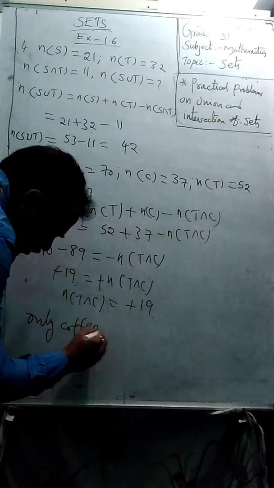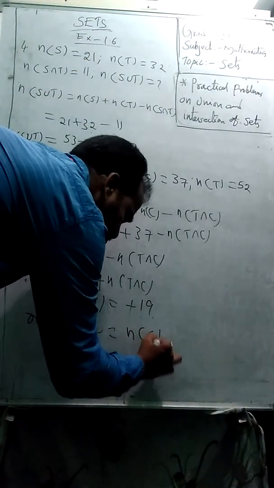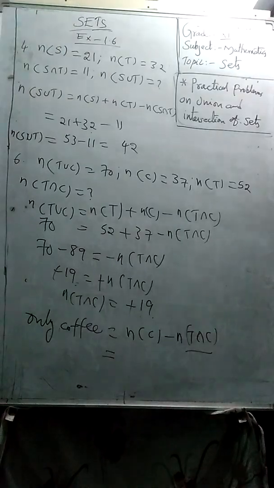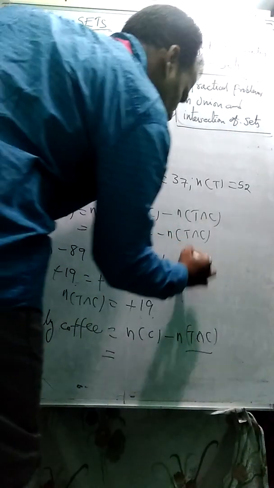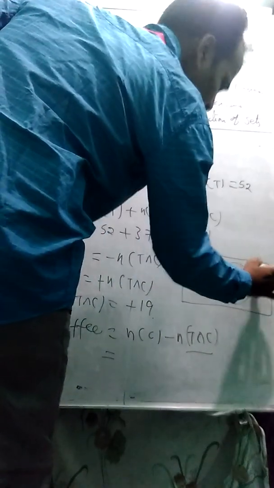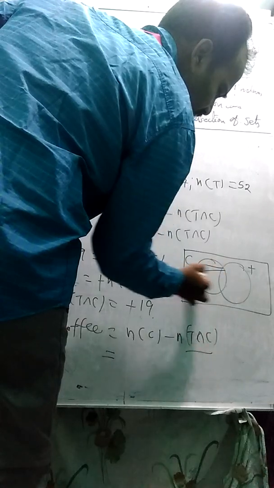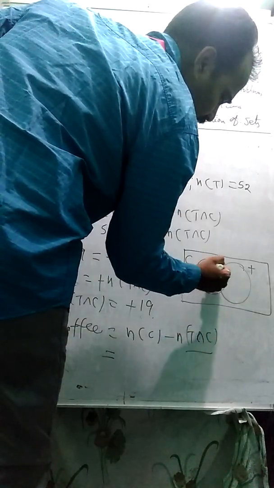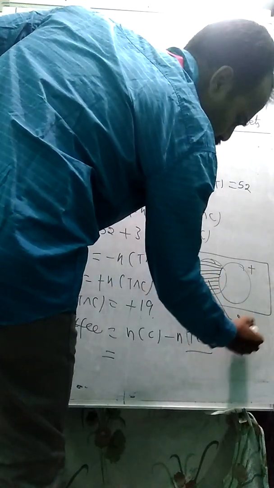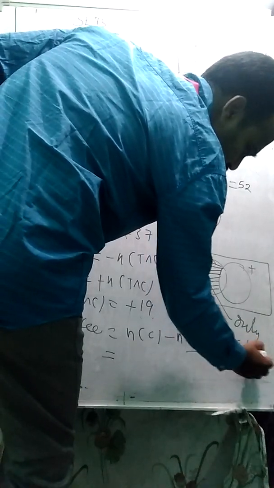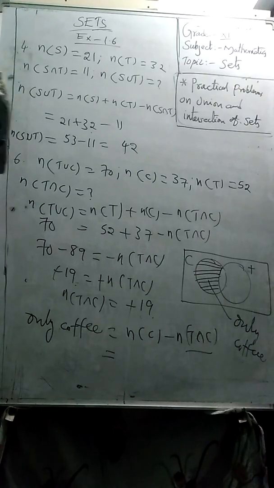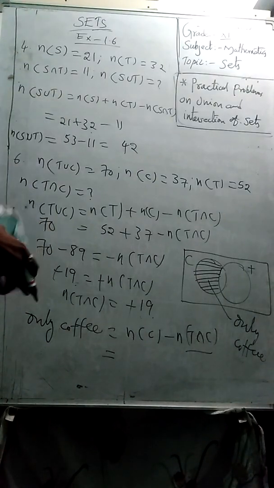It is not given, but for understanding I am saying only coffee, which is nothing but N of C minus N of T intersection C. Because if you take it graphically, through a Venn diagram with C and T, N of C also includes the common part with T. If you subtract this common part, we get only coffee. So you need to remember this, students, and you have some model problems based on that to solve. If you don't get them, you can ask me next class.